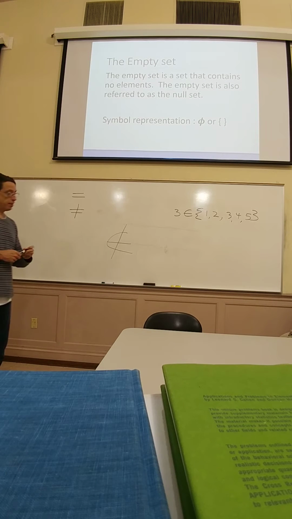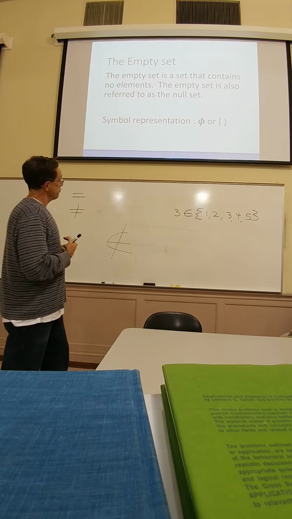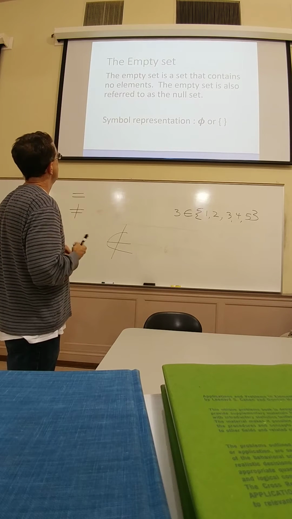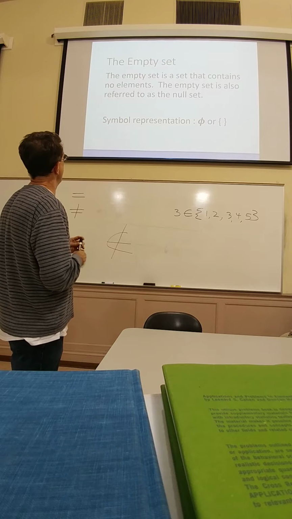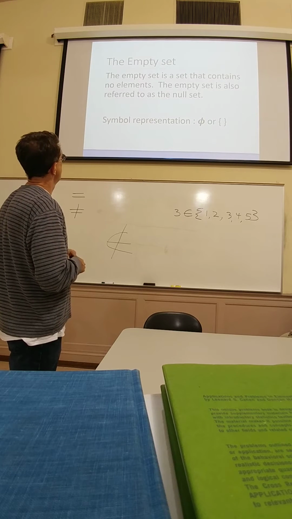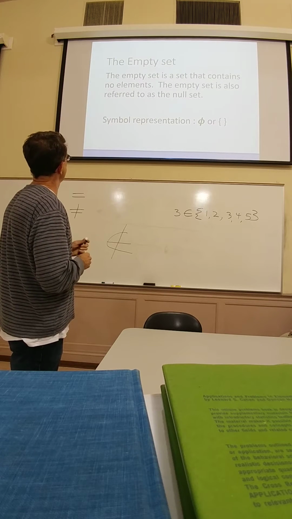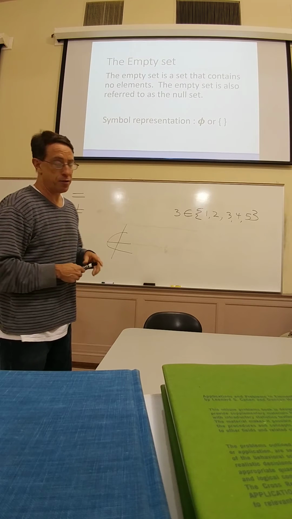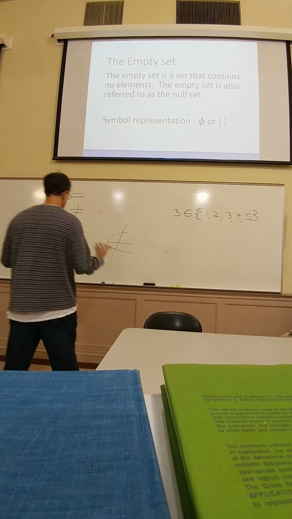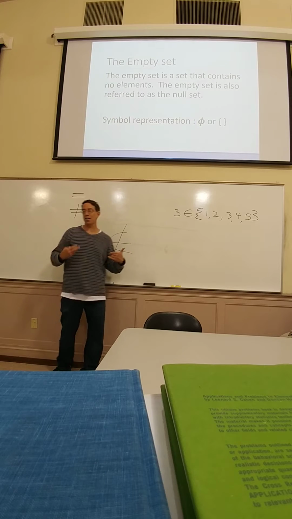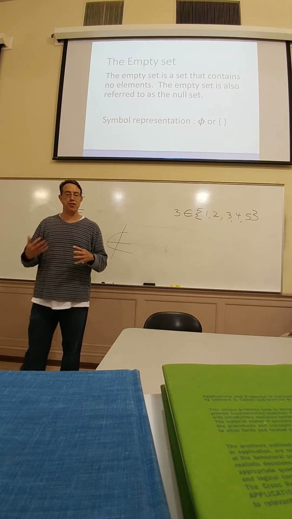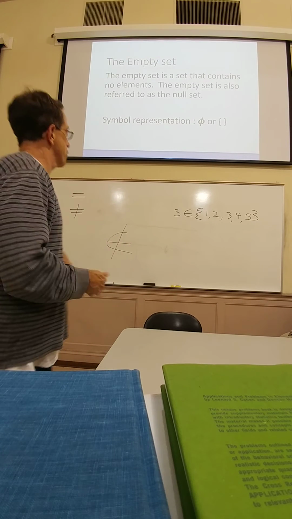Some other basic things about sets. The empty set is the set that contains no elements. The empty set is also referred to as the null set. If you watch World Cup soccer, if a team has a score of 0, sometimes they refer to the score as nil.